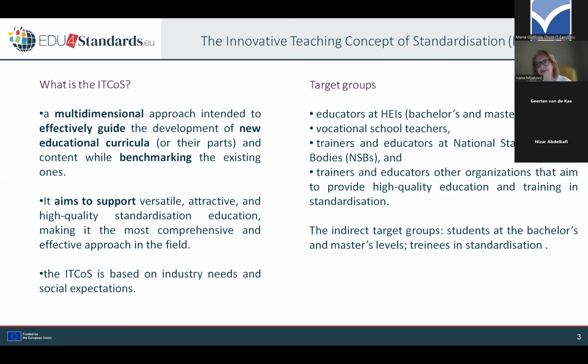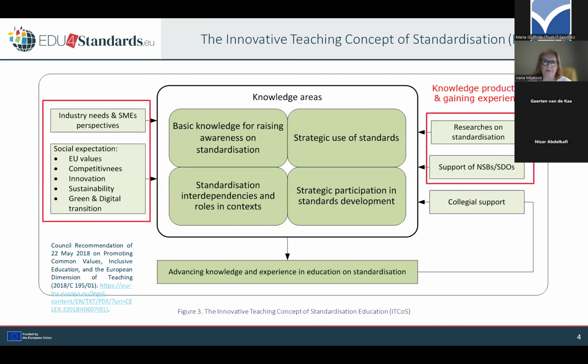Our indirect target groups are students, but in this context, mostly students at bachelor and master level.